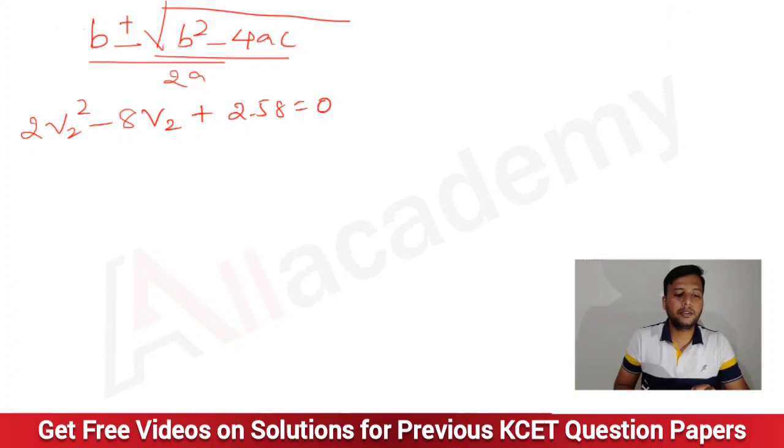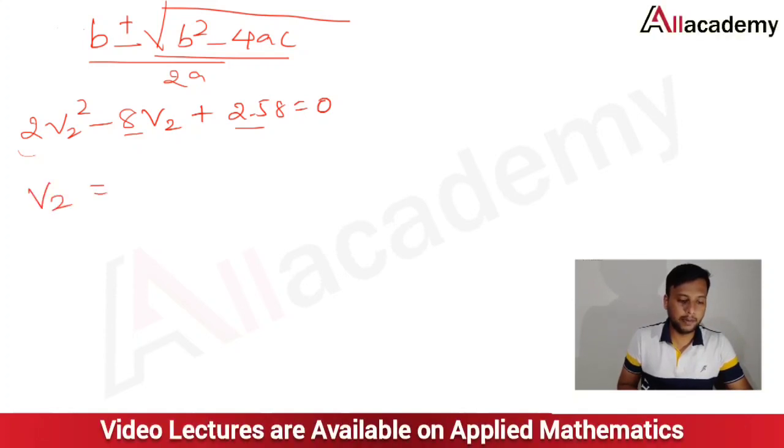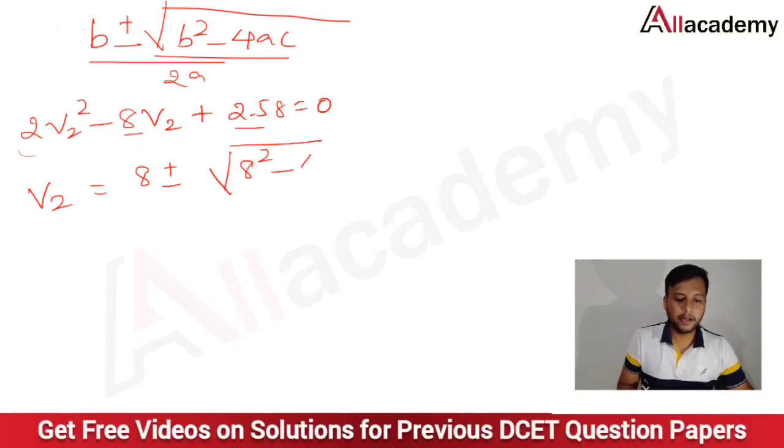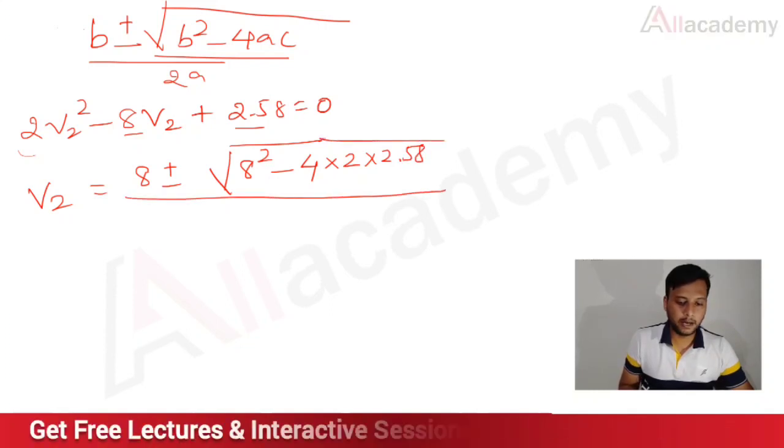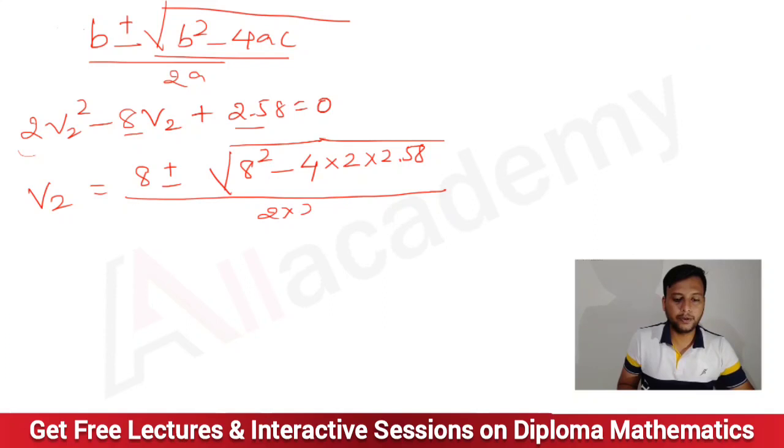Now let us substitute. This is a, this is b, this is the c value. Now if you substitute, you'll get V2 equals 8 plus or minus root of 8 square minus 4 into 2 into 2.58, whole divided by 2 into 2.